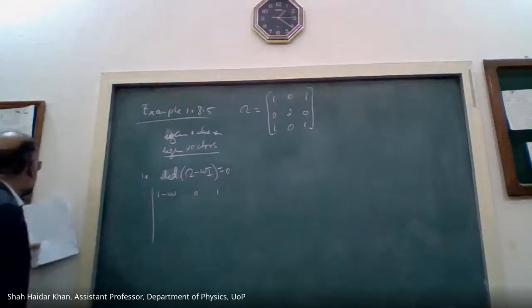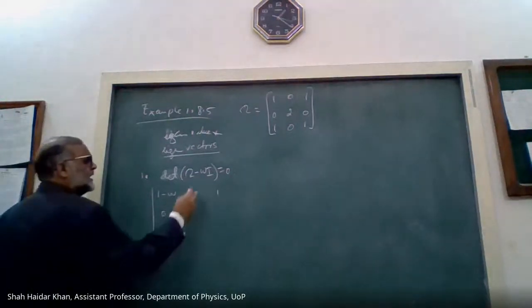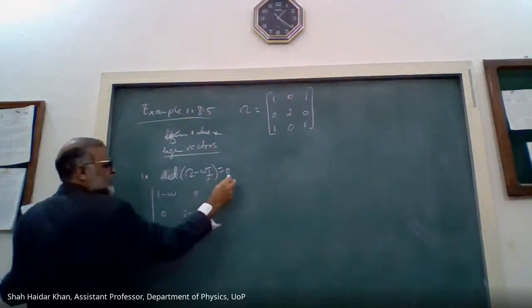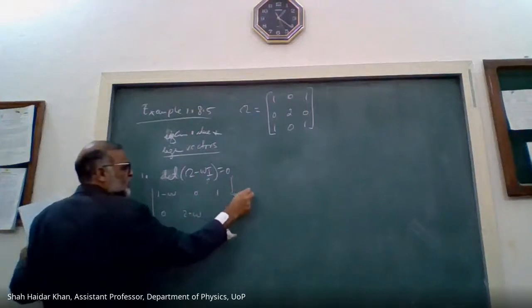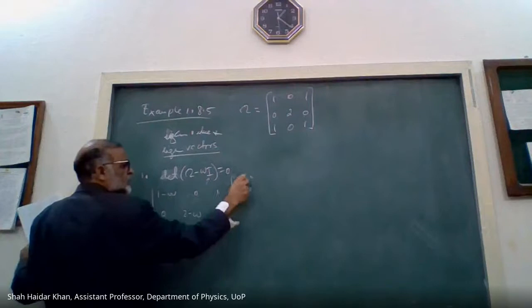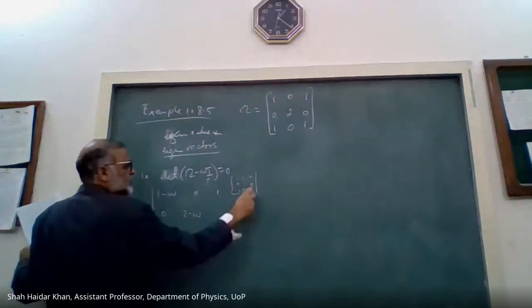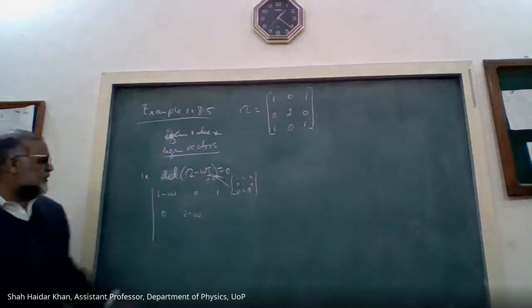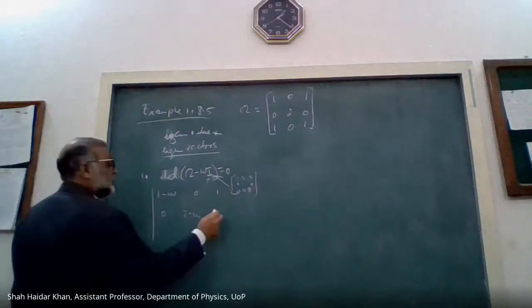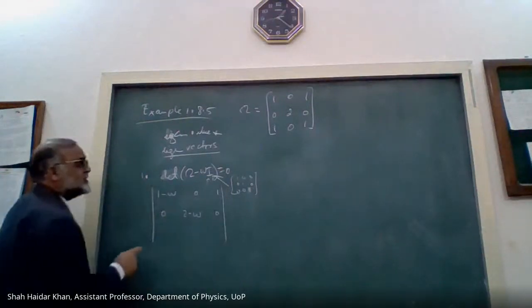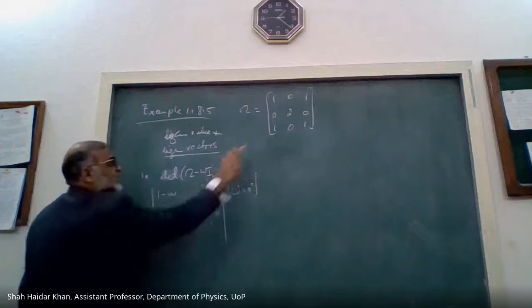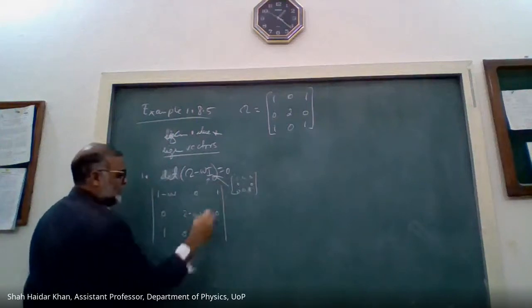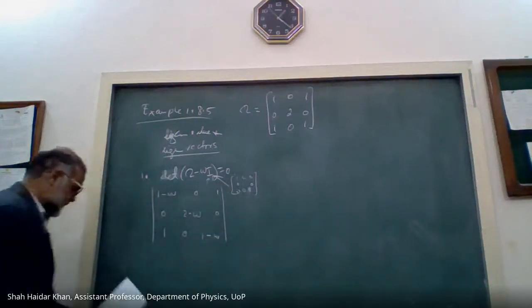And 1, 0, and here 2 minus omega. This is the identity operator. Identity operator is something like this: 1, 1, 1, 0, 0, 0, 0, 0, 0. So if you put this here, then you will have subtracted from this, so you get this thing. And 0, right? And 1, 0, 1, minus omega. So minus omega.